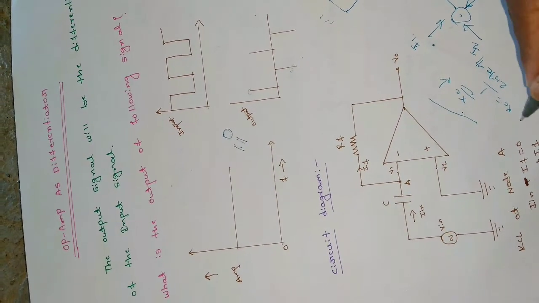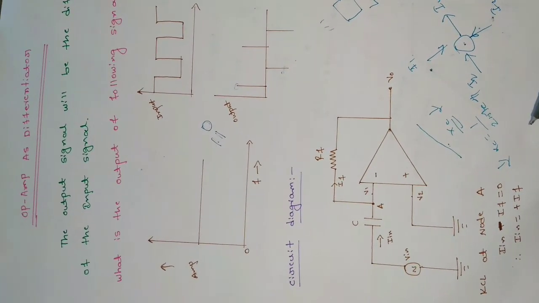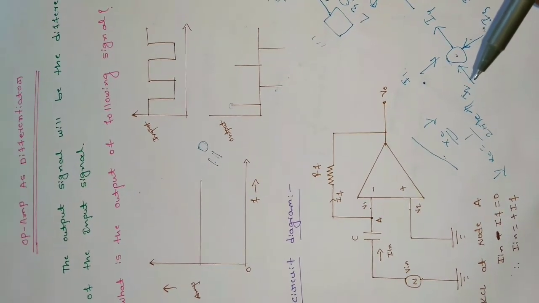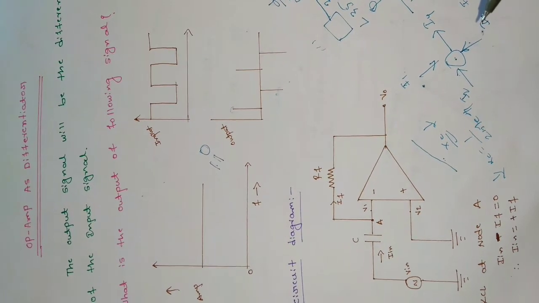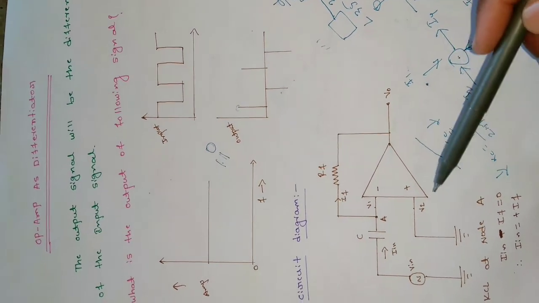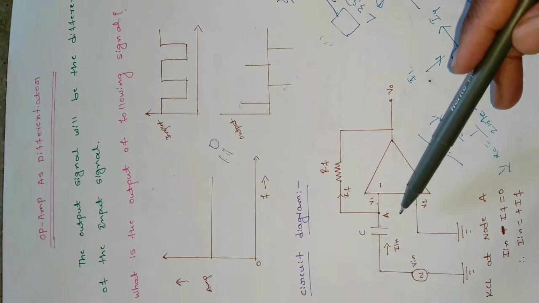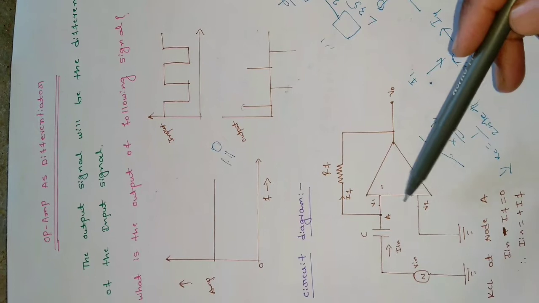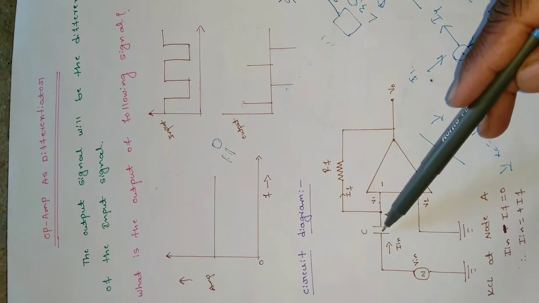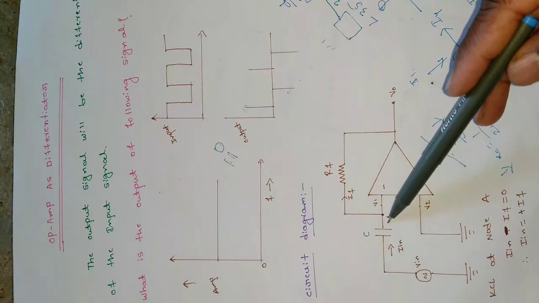But for any practical op amp, the expected characteristic is high input resistance, so that there will be low consumption of power. In this case, as the frequency of the input signal increases, the input resistance decreases, so the amount of power consumed by the op amp is going to increase. To avoid that, we need to use a series resistance here, so that there will be a fixed amount of resistance in the circuit, besides the capacitor.